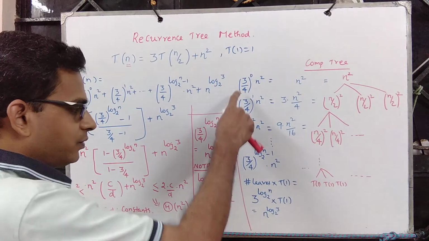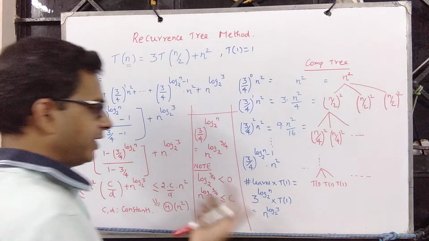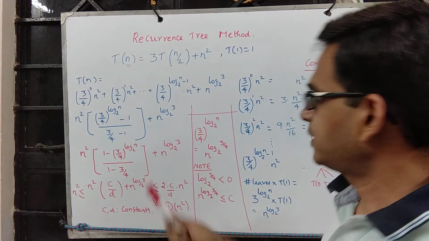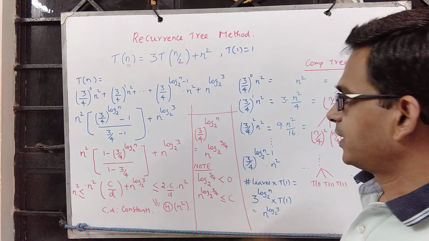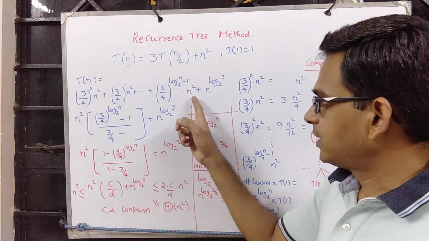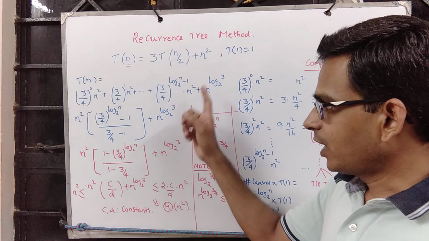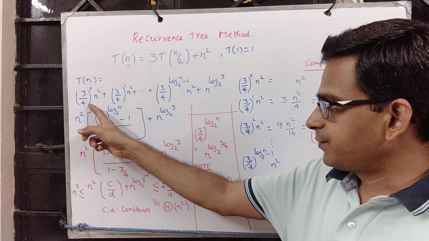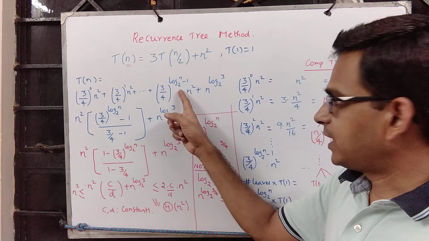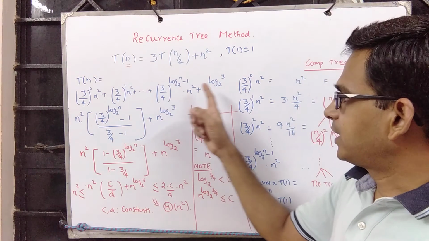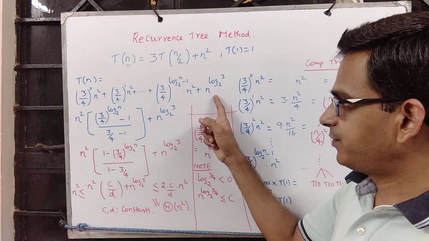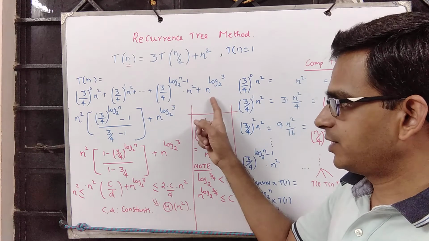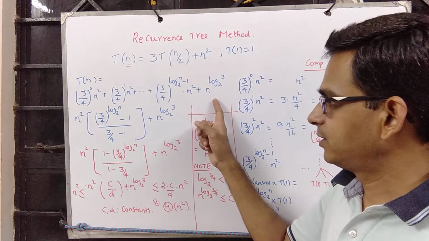Now you just have to sum all of them and simplify to get the desired answer, and this is what we get. This expression calculates the cost from the root until the last but one level. The cost incurred at the last level, which is precisely the number of leaves, is captured using this expression.